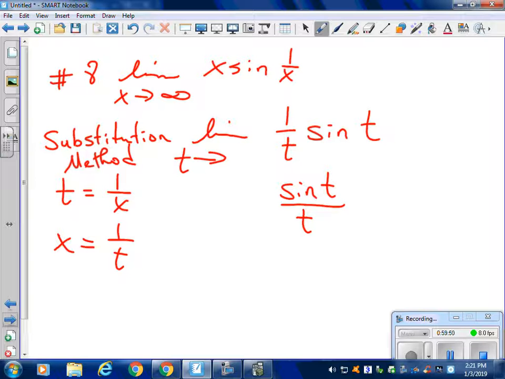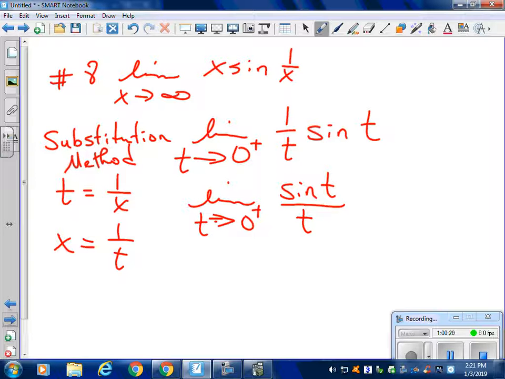And so therefore, since it's going to go to 0, we can change this to 0. So you have to think about what your substitution did to get your new variable. Now, since this is positive infinity, we're probably talking about the positive side of 0. If I was doing negative infinity, I'd probably be doing the negative side of 0.